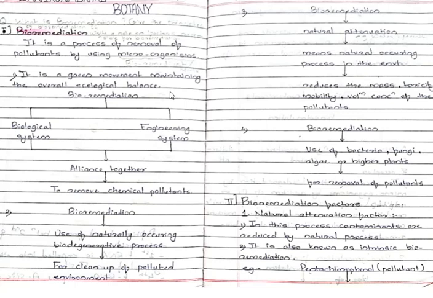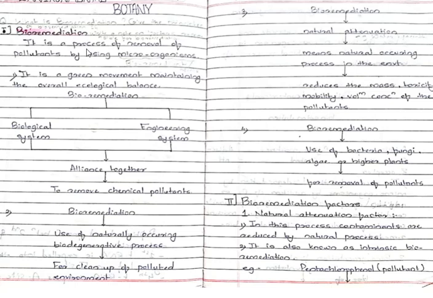The process of removing the pollutants from different sources like water, air and soil by using microorganisms is known as bioremediation. Bio means organisms and remedies means removal. So by using microorganisms, removing the pollutants, that is bioremediation.